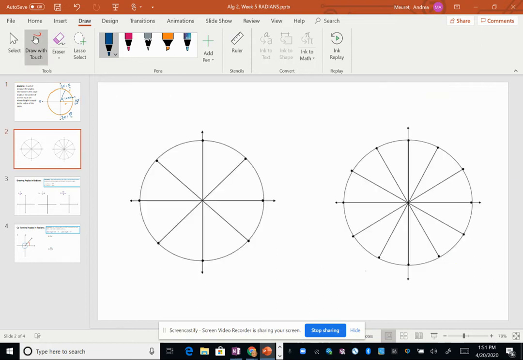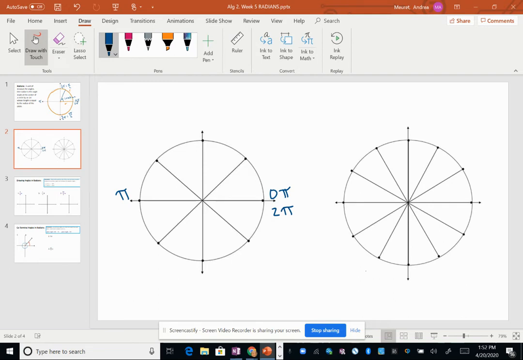Okay, so here I have some other circles that have just been proportioned up differently. And so I'm going to figure out the measurement in radians for each of those places along the circle. So again, I always want to start with, well, this is 0 pi, halfway around the circle is pi, and the rest of the way around the circle is 2 pi.